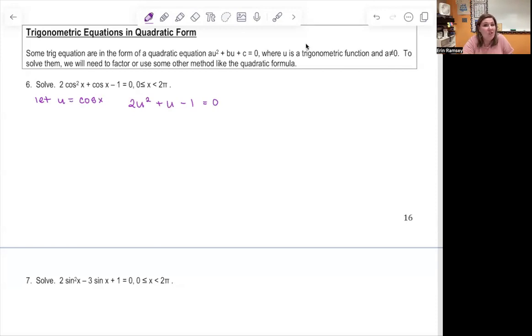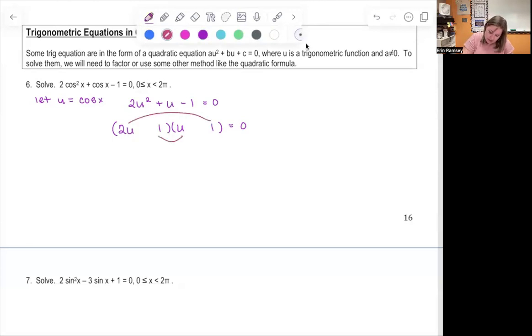Again, whatever method you use to factor is fine. So you might want to use factoring by grouping, or this is a great one to just guess and check. I know that to get 2u squared, I have to do 2u times u. And I know that to multiply to get 1, it has to be 1 and 1. Now, the question here really is I need my outsides and my insides to add up to positive 1u.